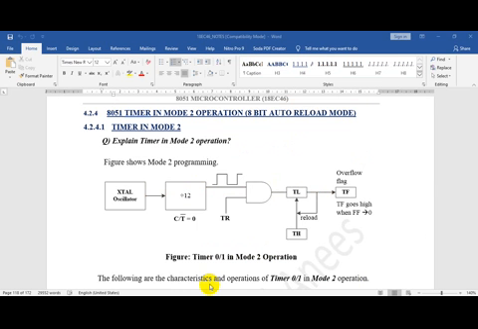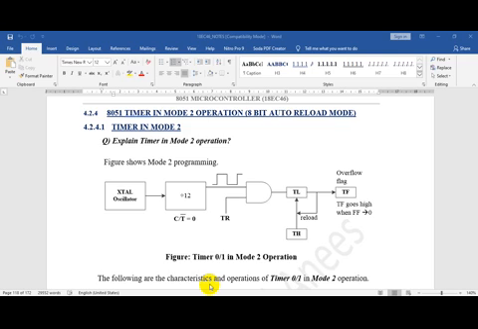Now, as the name suggests, 8-bit auto reload mode. This mode has got an advantage over mode 1 and also a disadvantage with respect to mode 1.